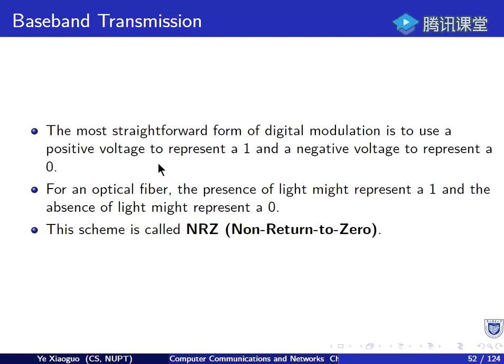Baseband transmission is the basic digital modulation technique. For example, the most straightforward form is to use a positive voltage to represent 1 and a negative voltage to represent 0.